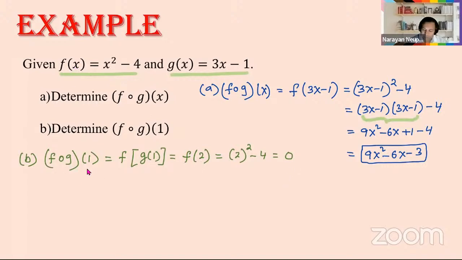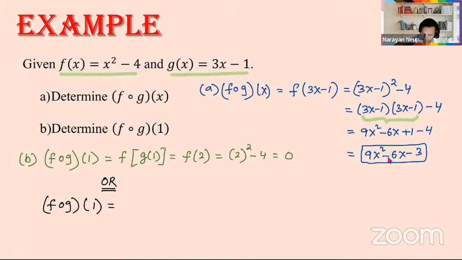But for this one, there is also a second method that we can use. So let me show you the second method. To find f o g of 1, we can do this. Look here. F o g of x, we got here, is 9x squared minus 6x minus 3. So f o g of 1 will be, we plug 1 into this expression.